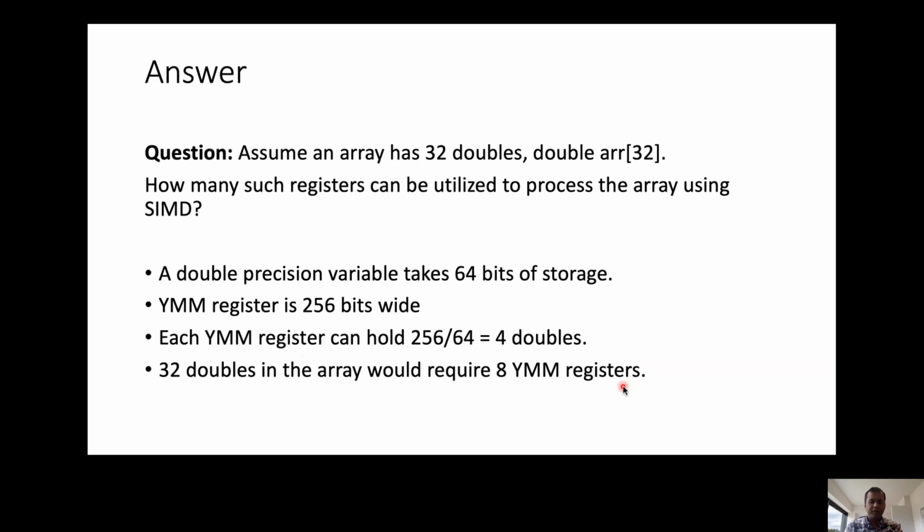Using arithmetic, 8 times 4 is 32, so that verifies the answer. These questions should make SIMD registers more concrete, so now we'll be able to use them in doing computations.